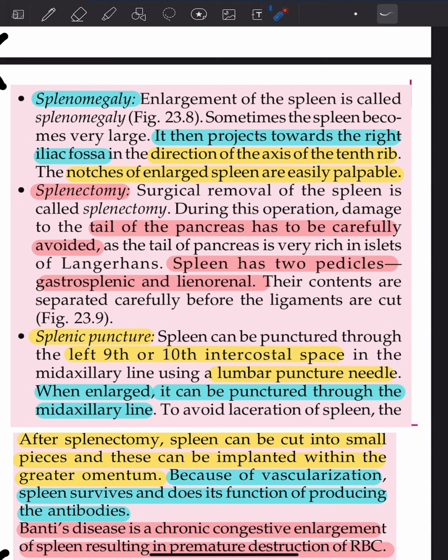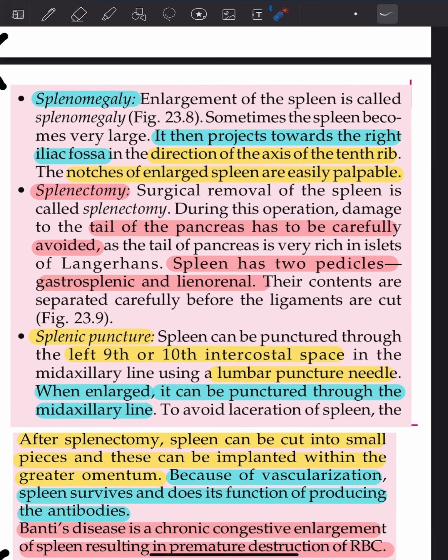So splenomegaly is enlargement of the spleen, right? If the spleen is enlarged, it can project towards the right iliac fossa in the direction of the axis of the 10th rib. Don't forget the axis of the 10th rib. We also talked about it while talking about the avascular plane. The notches of the spleen are easily palpable. On which border did these splenic notches lie? On the superior border.